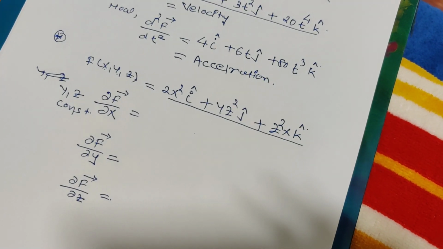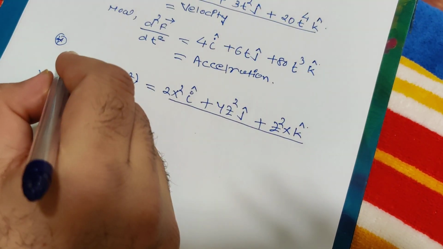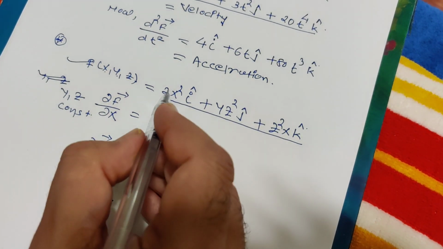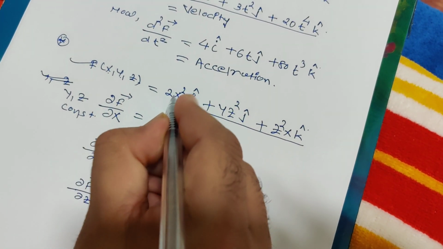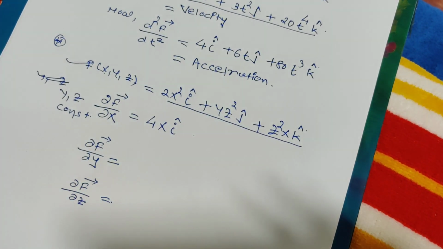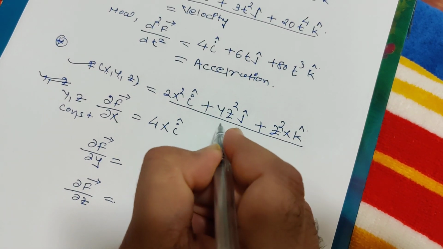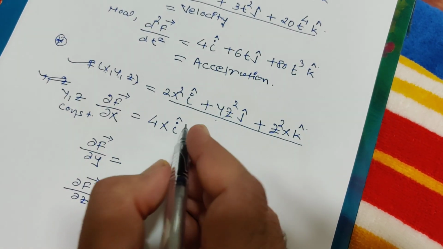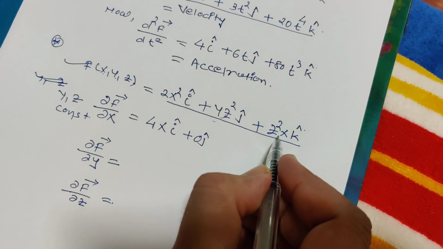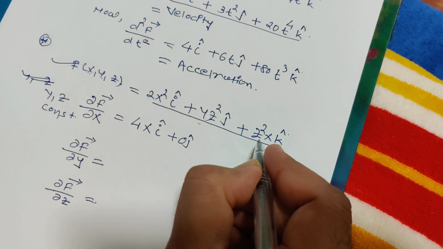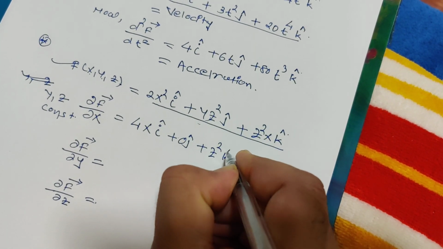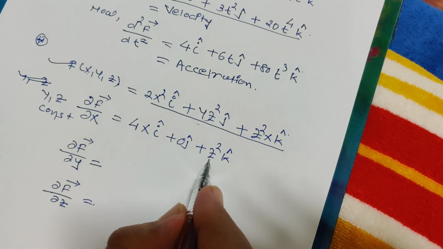So this is how we can find the partial derivative of given function with respect to x, y and z. So here you can write 4x i caret, there is no x term, so this becomes 0j, and here it is x, so you can write z square k caret because z square is a constant.